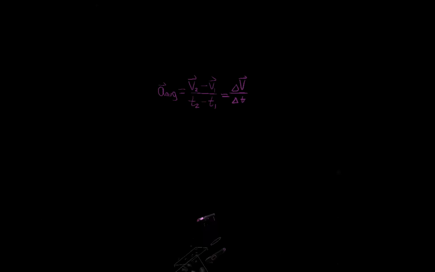And just the same, you can also express instantaneous acceleration. I'll just write a instead of specifying instantaneous, because pretty much from here on out, if I just write the vector a or the vector v, we're talking about instantaneous. It is the limit as delta t goes to 0 of delta v divided by delta t.